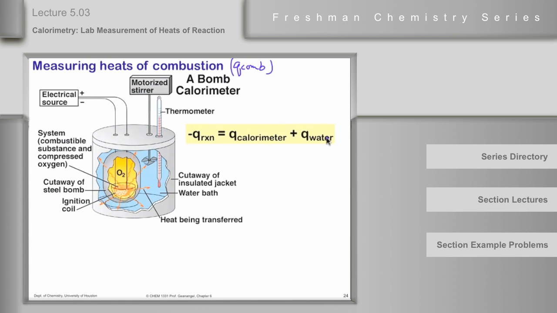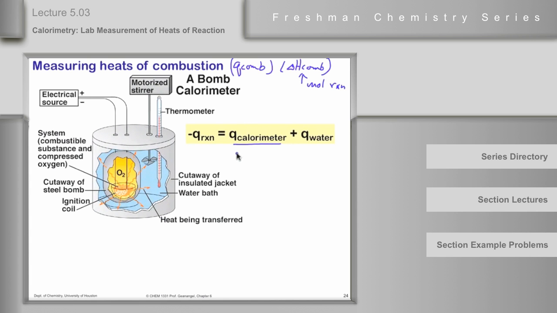So what we're going to do here is to, first of all, talk about what Q of the calorimeter is. The calorimeter is an object. And at the beginning of our discussion of heat capacity, we said the heat capacity of an object is the proportionality constant when temperature is proportional to heat change.